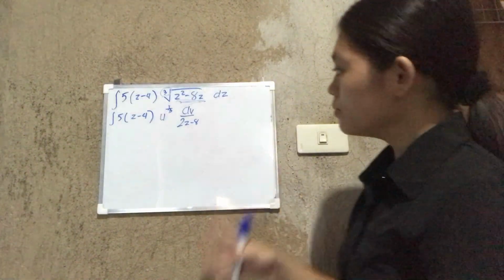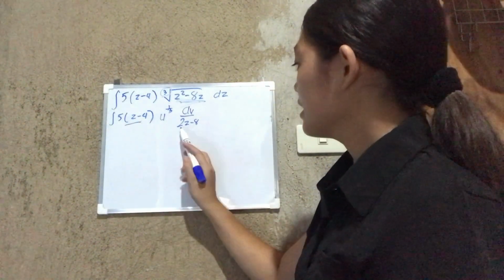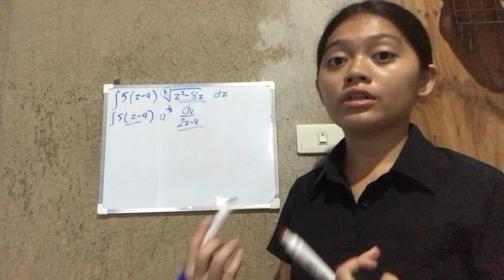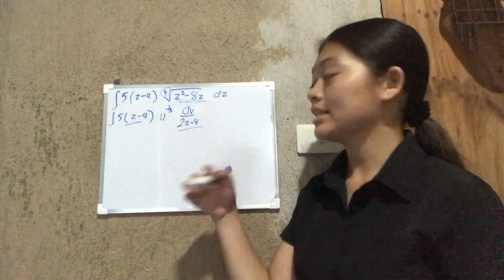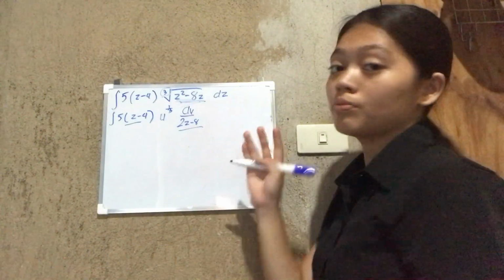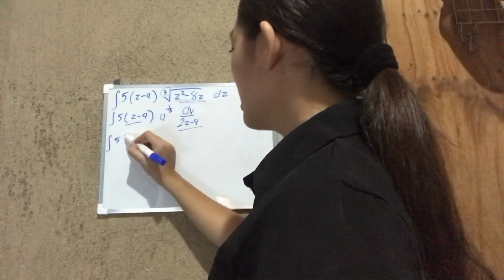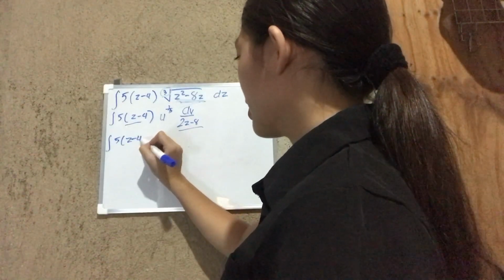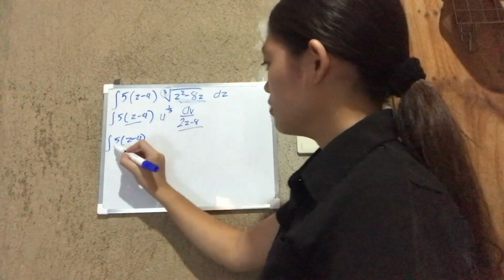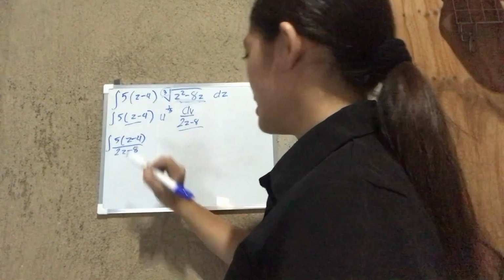As you observe, if we multiply this term and this term, we can factor out a number and we can still cancel out. So let's multiply or combine this first. So we can have now a 5 times z minus 4, then multiply this one, which is over 2z minus 8.